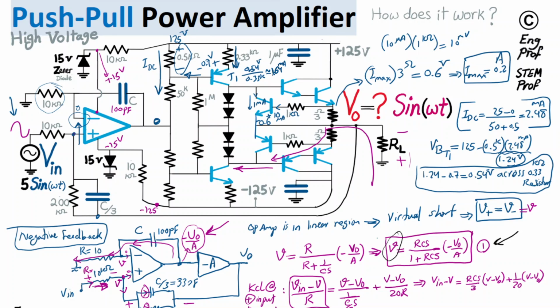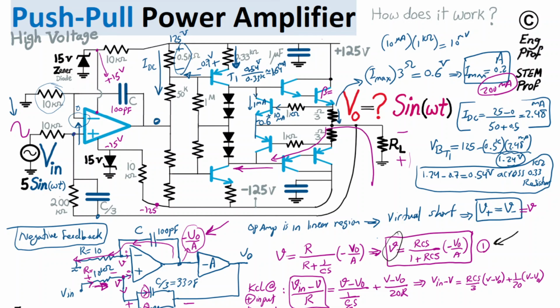So this current is 1.64 milliamp, and it's good enough, because the maximum current that we are providing at the output, according to what we found, is 200 milliamp. I'm going to highlight it. If it is 200 milliamp maximum current, this is a high power transistor, the most powerful transistor in this circuit, which we need to carefully select.